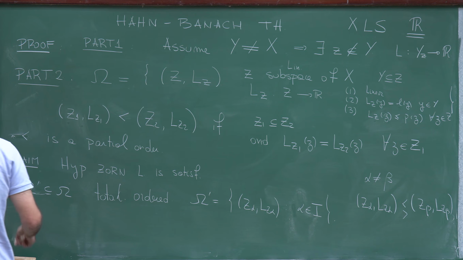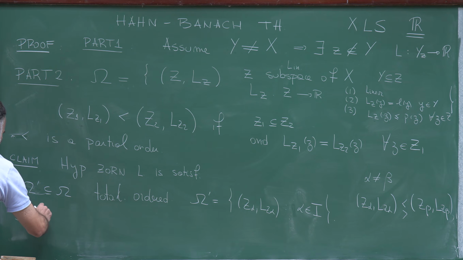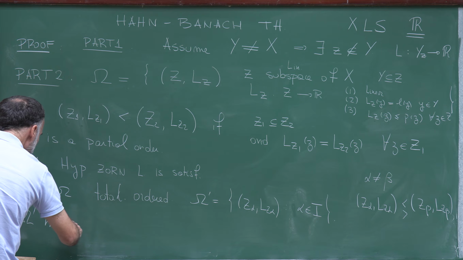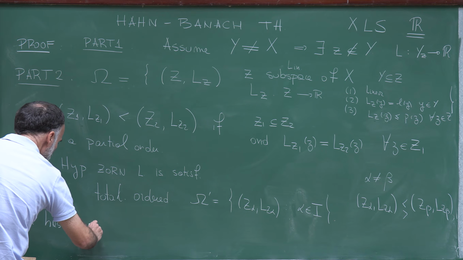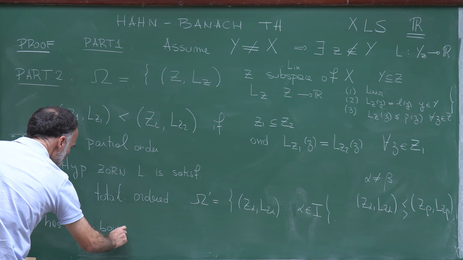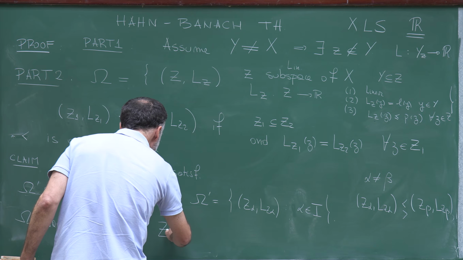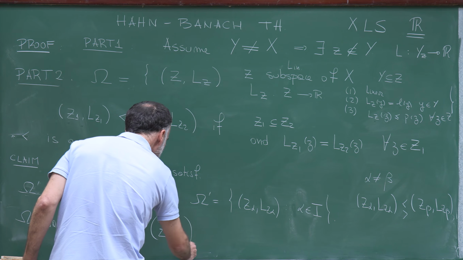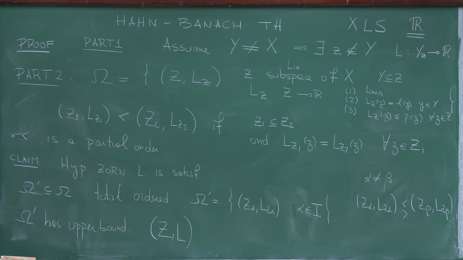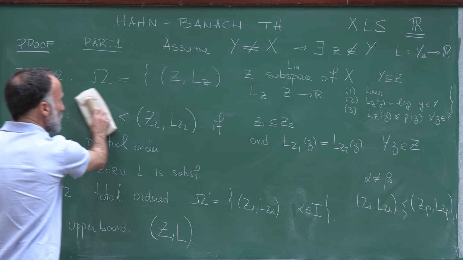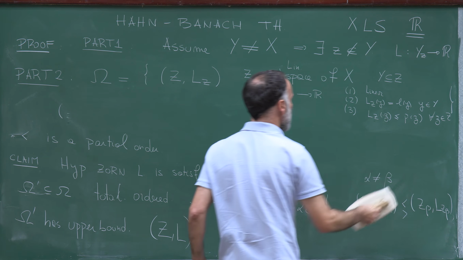Now I claim that omega prime has an upper bound. So I have to construct this upper bound. And what will be my upper bound? Well, it has to be an element (Z, L). So let me define this upper bound, and I think now you know what the order means.